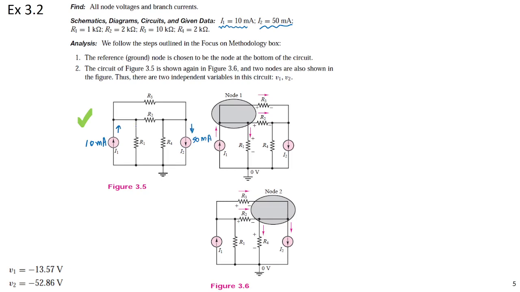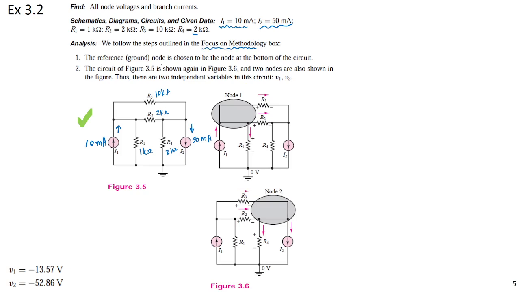R1 is 1 kΩ, R2 is 2 kΩ, R3 is 10 kΩ, R4 is 2 kΩ. We follow the steps, focusing on the methodology.